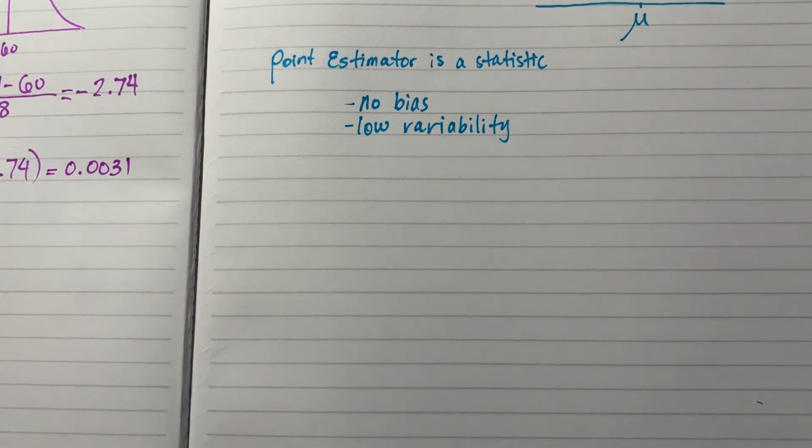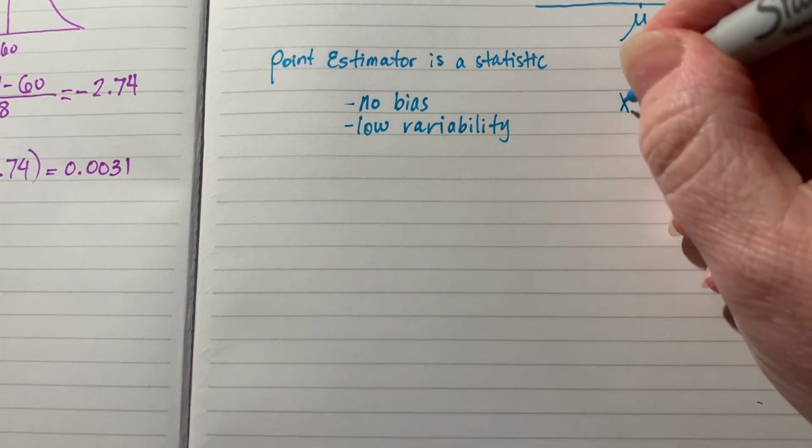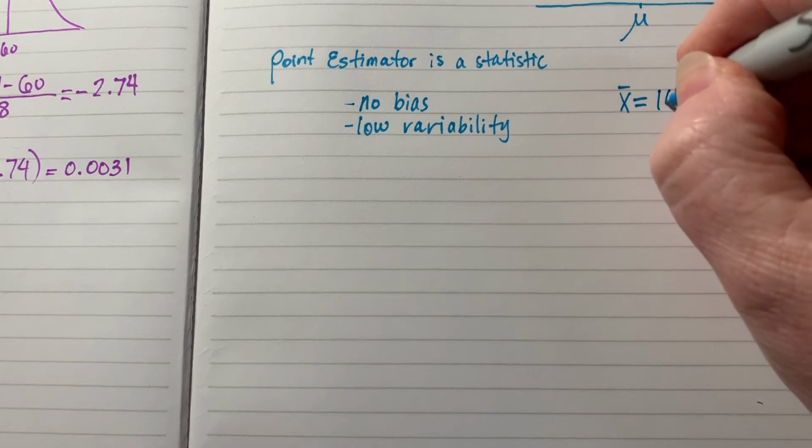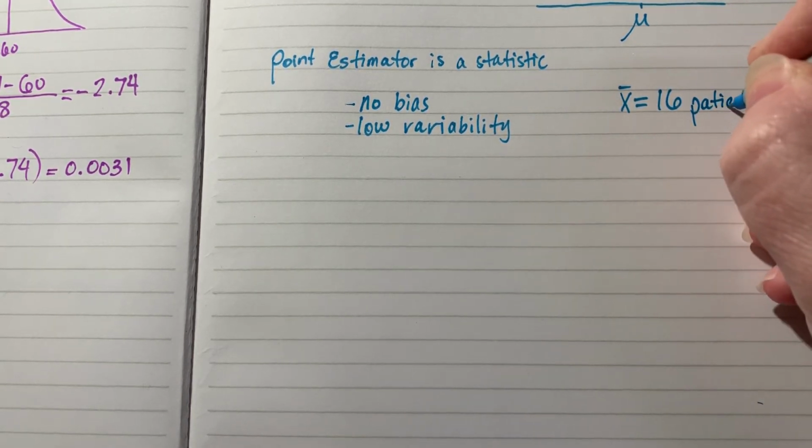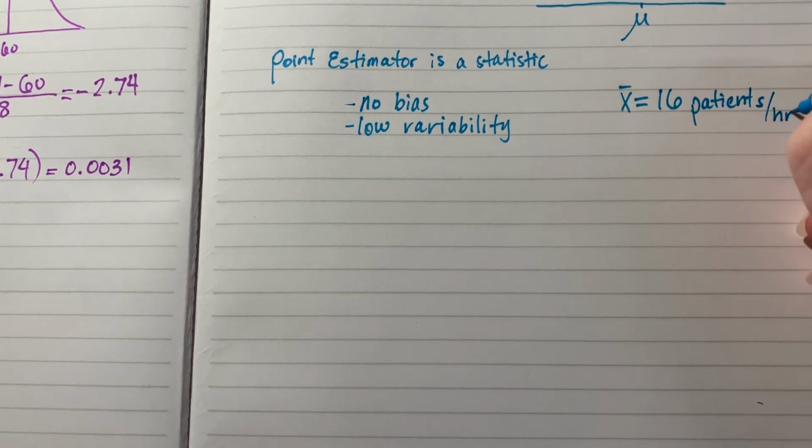parameter. So in our example, we had X bar, okay, was 16 patients per hour at that urgent care. And do I think that this is the population mean? If I'm going to take all the hours that the urgent care is open, does that mean that every single hour is going to be 16 patients per hour?